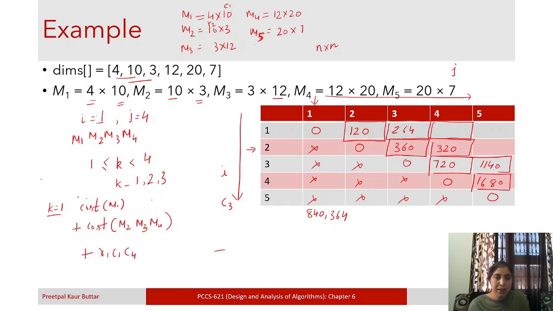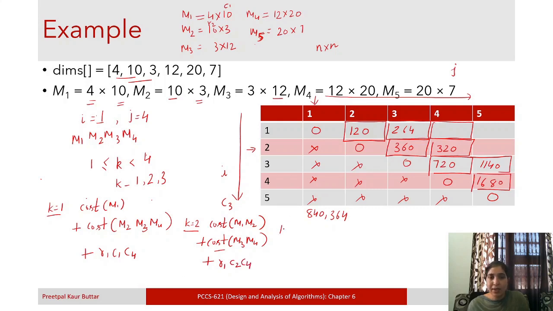Okay. Similarly, when k is 2, then you will have cost of m1, m2 plus cost of m3, m4 plus the cost of multiplying these two subproducts, that will be r1, c2, c4, right?